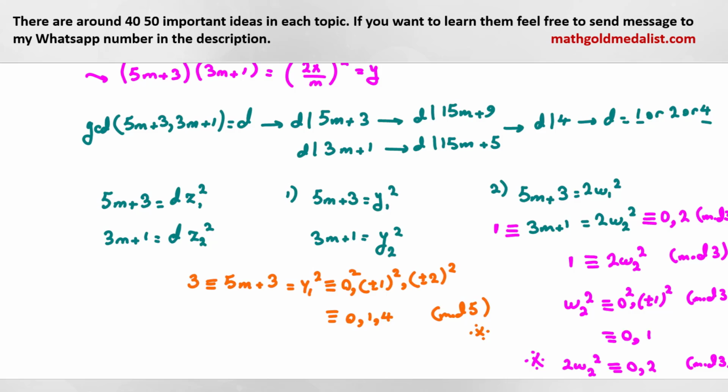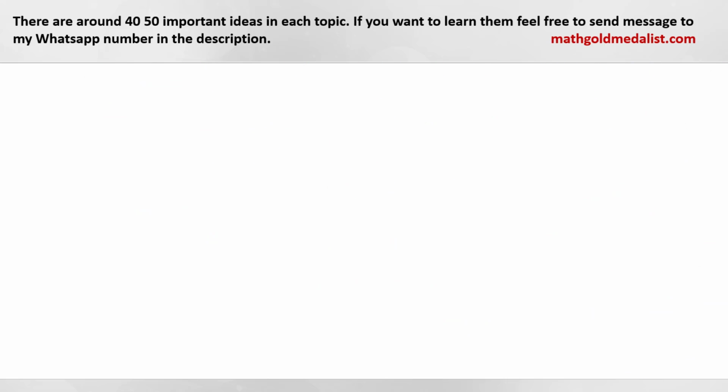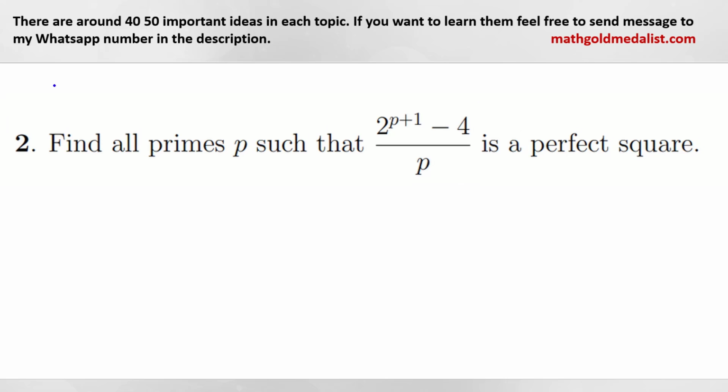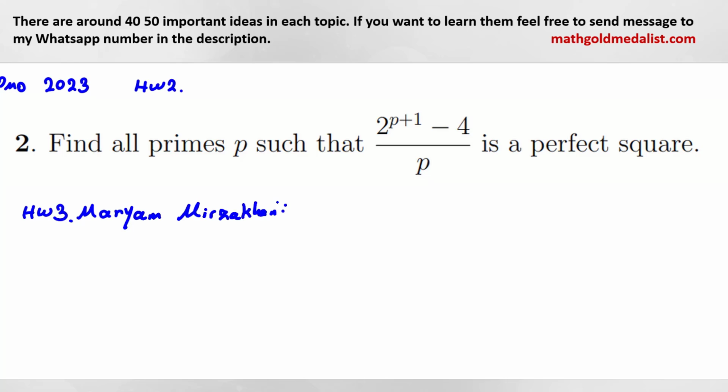Yeah. Okay, now let me tell you the problem of PMO National Level 2023. It was this. You can try this one as homework 2. Let me tell you homework 3, the problem from the Maryam Mirzakhani book. You will see they are the same.